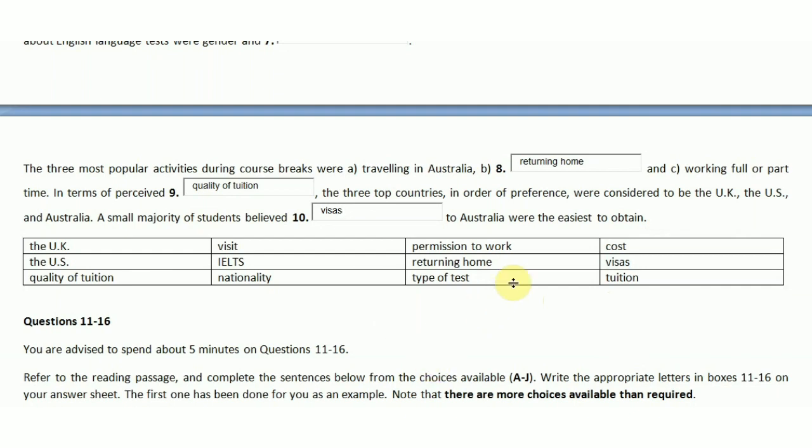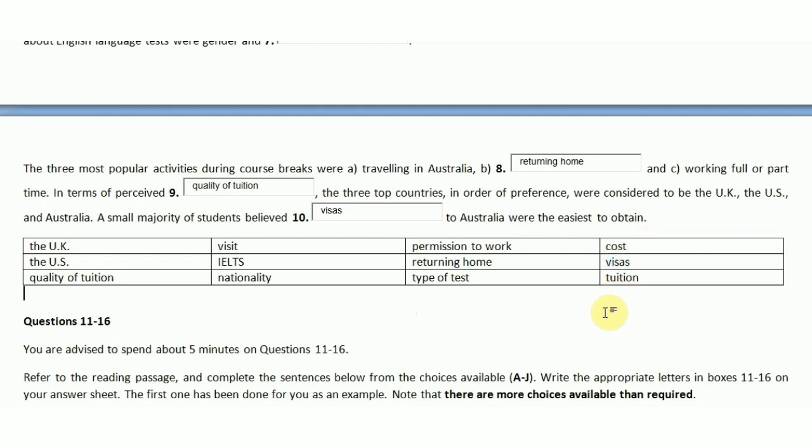And I guess, as it is written were, it means that the thing we have to answer in the 10th question definitely needed to be a plural word, and none of the options is in plural except visas. So this is a trick.